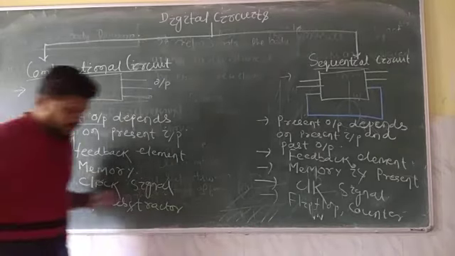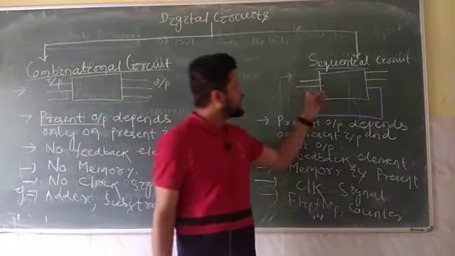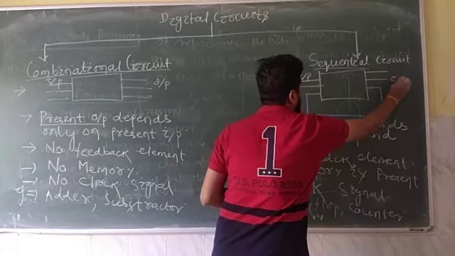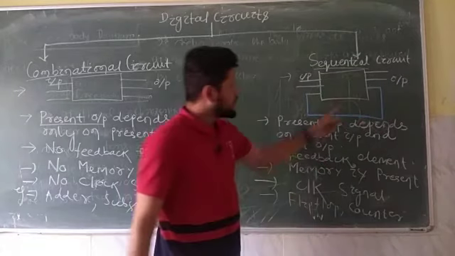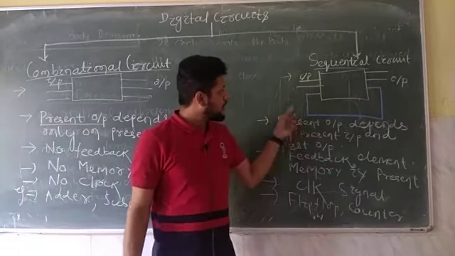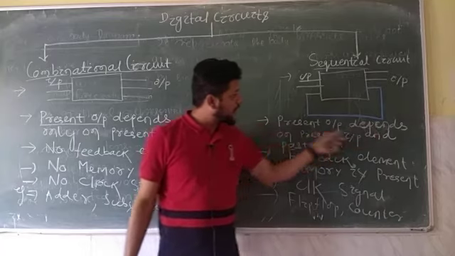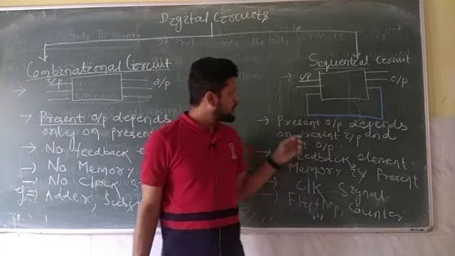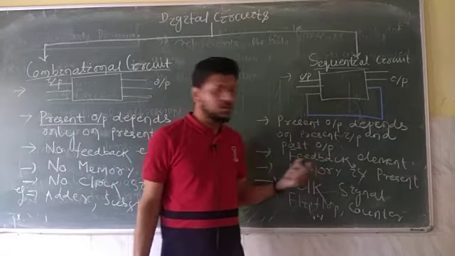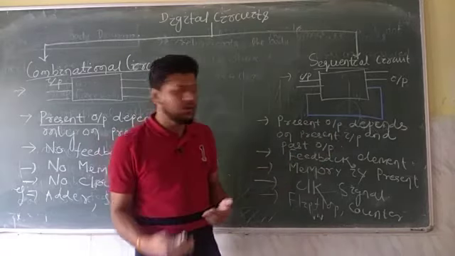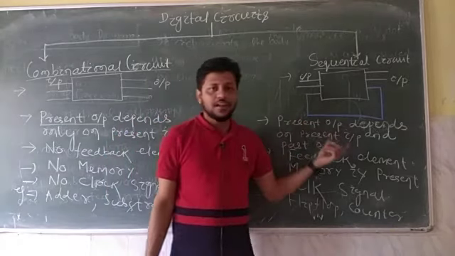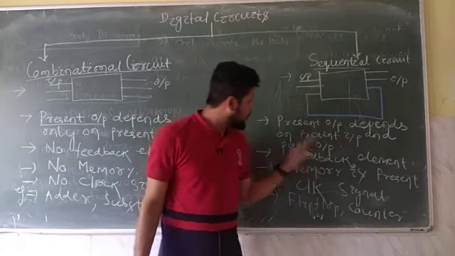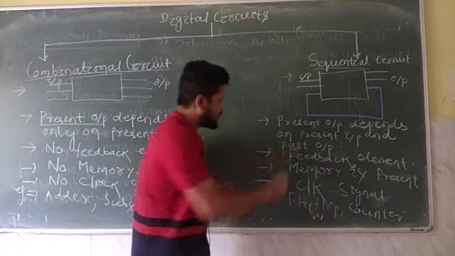But in the sequential circuit we have input and output as well, but some output gets fed back into the input. So here the present output depends not only on the present input but also on the past output.